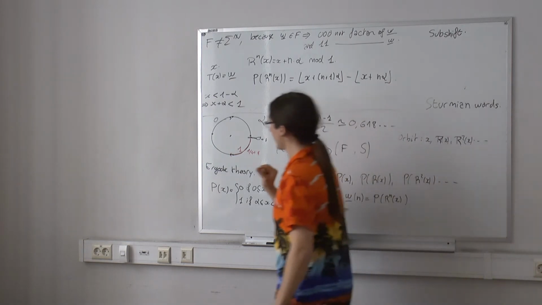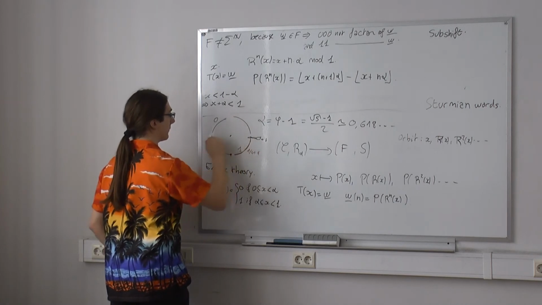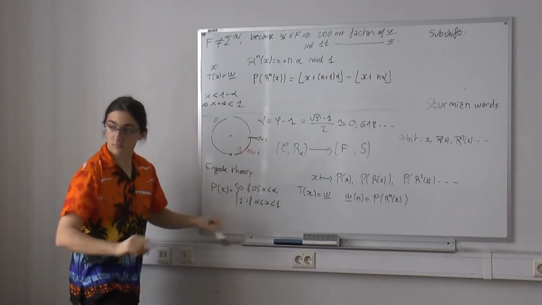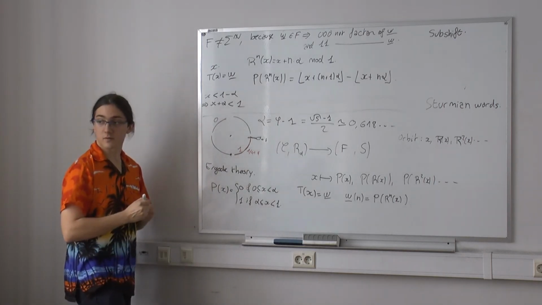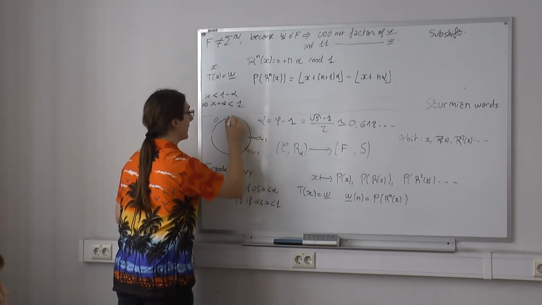So Sturmian words are the whole image of the circle? A Sturmian word is the trajectory.